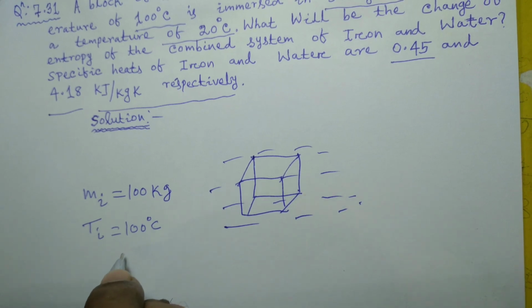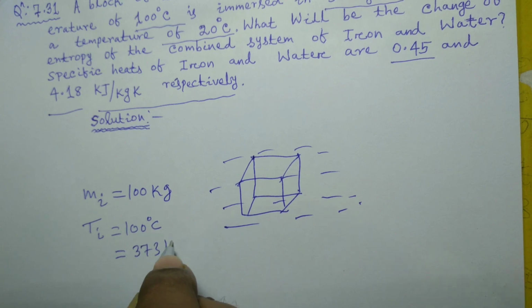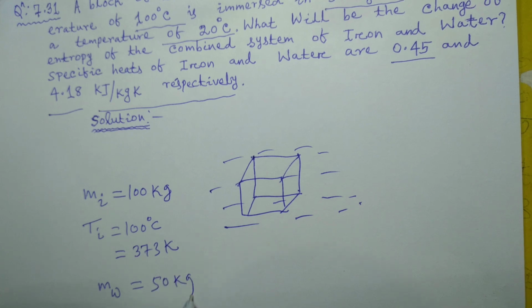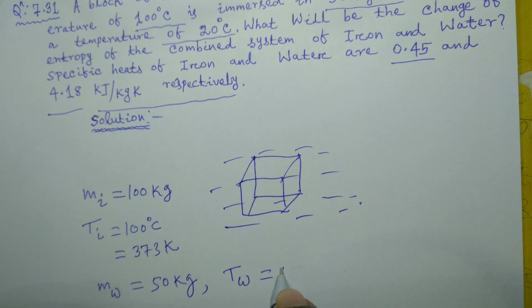Let me express it in Kelvin, that is 100 plus 273, which is 373 Kelvin. Let the mass of water be Mw, given to be 50 kg, and the temperature of water Tw is 20 degrees Celsius, that is 293 Kelvin.